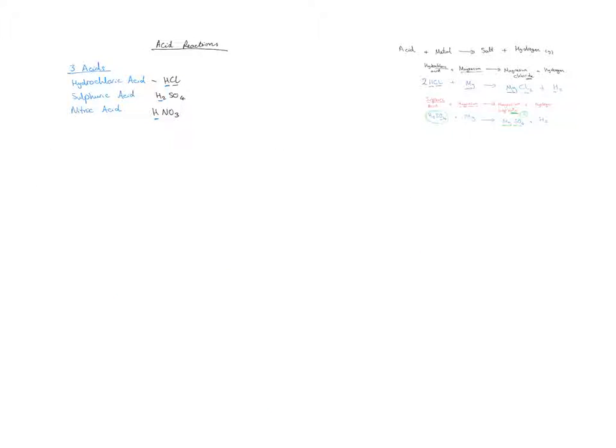So there we have example 1 of our first acid style reaction. Acid and metal makes a salt and hydrogen. The second style we're going to look at is where you have an acid and you add it to an alkali or a base and you form a salt and water.